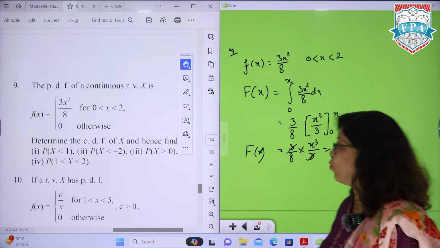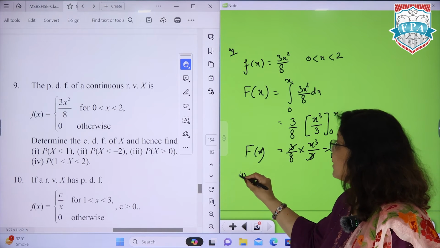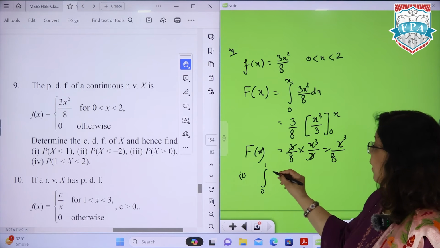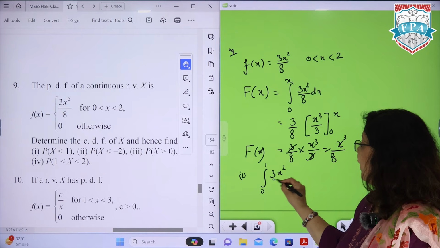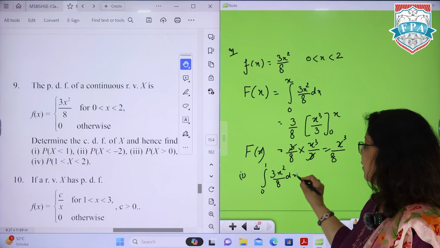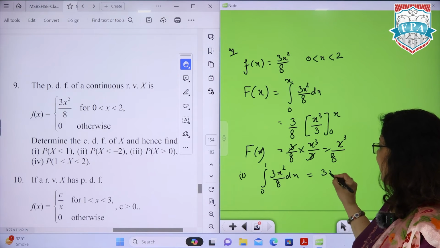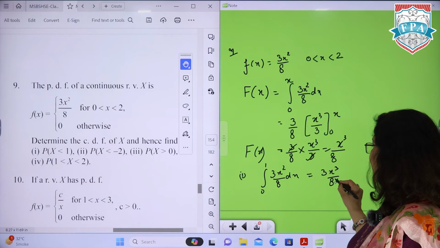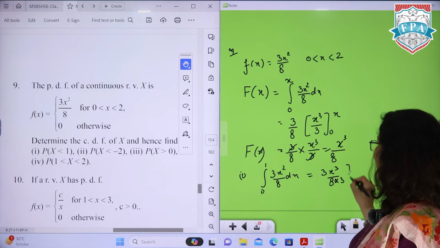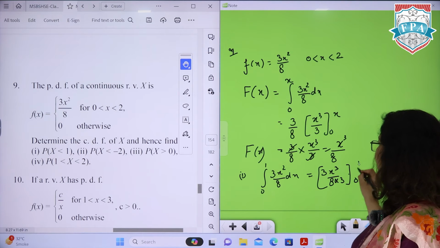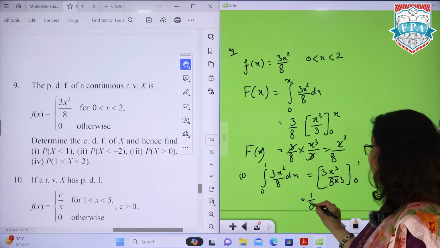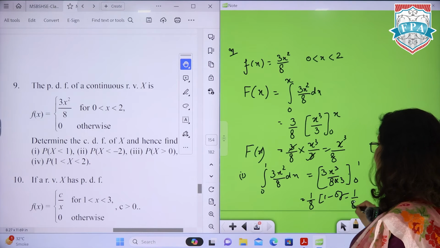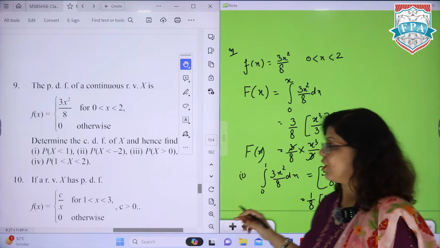Let's take the first one. For the first one, it is 0 to 1, 3x square by 8 dx, and then it will be taken as 3x cube by 8 into 3. The value ranges from 0 to 1, or you can say 1 by 8, then you take 1 minus 0, which is 1 by 8. You can also get this directly from this formula.